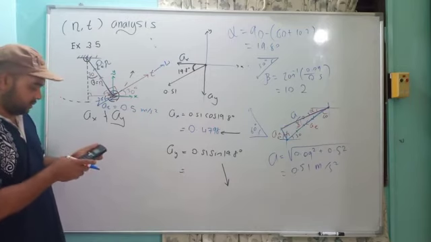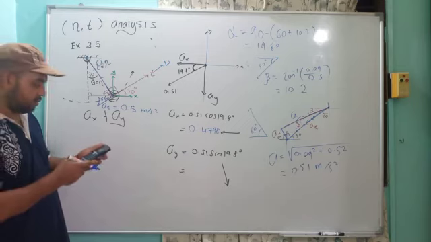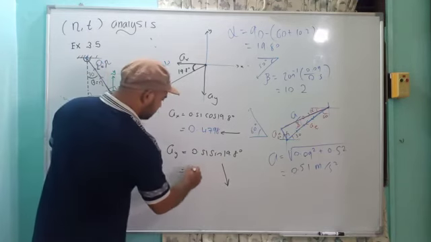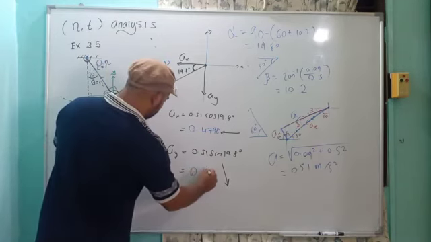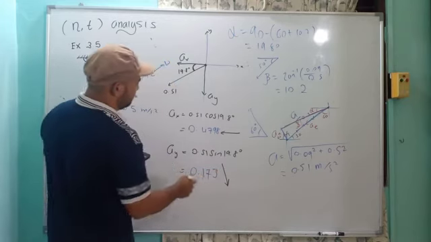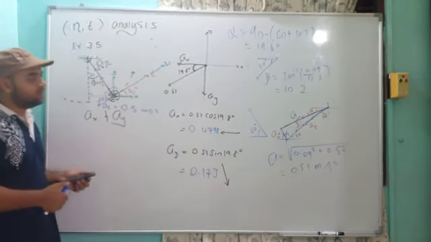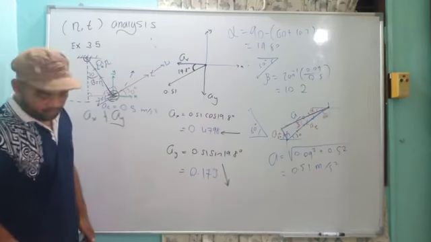And 0.51 sine 19.8 gives you 0.173 meter over second squared.